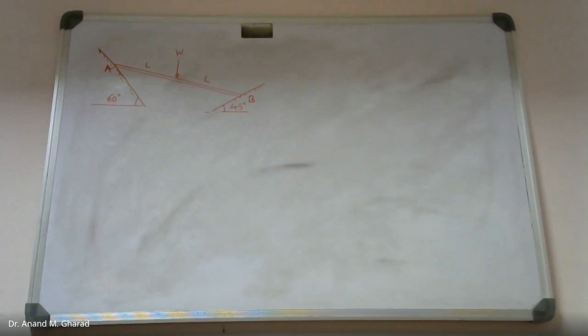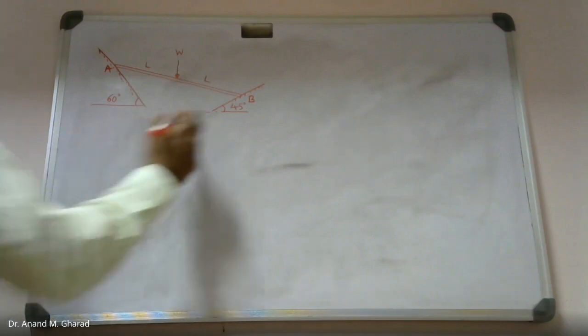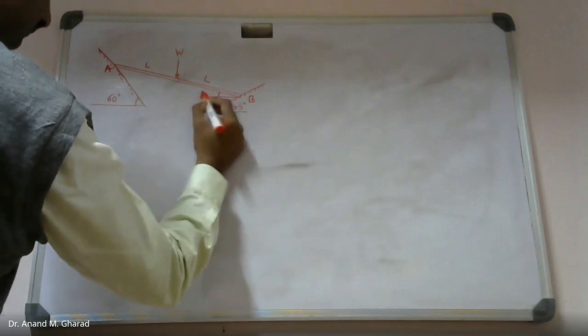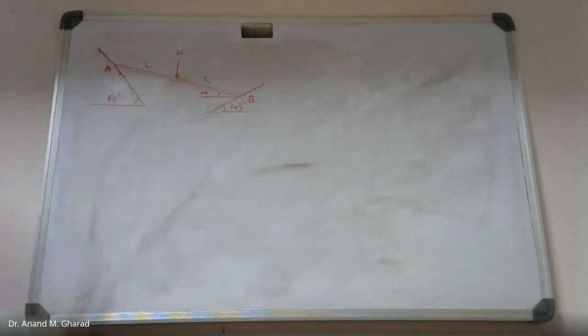The angle of friction is given to be 15 degrees. You are supposed to determine the maximum value of the angle at which slipping impends. Let us call this angle alpha.